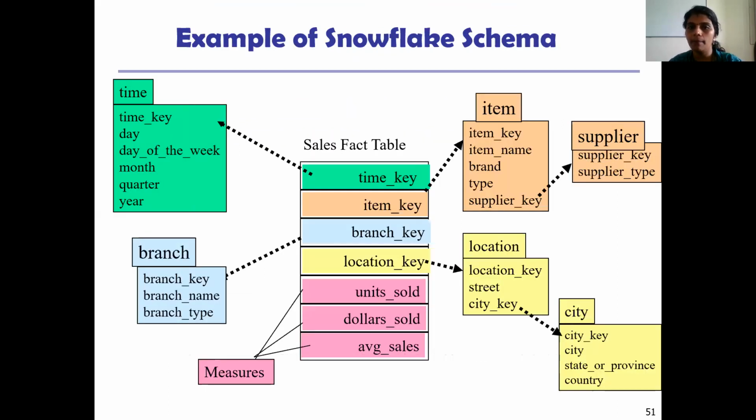The same example which we have seen for star schema, I have put it here. In the center, you have the sales fact table with keys as well as numerical measures called the facts. Again, you have the same set of dimension tables representing time, branch, item, and location. Each of the dimension tables has its own attributes. Now you can see that the location and the item dimension tables are further normalized, correct?